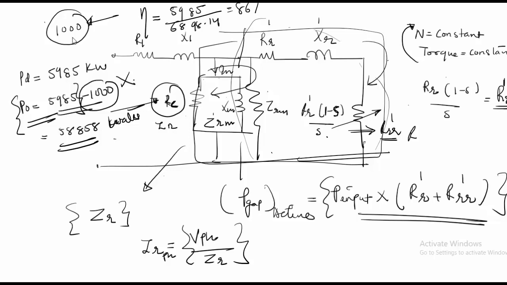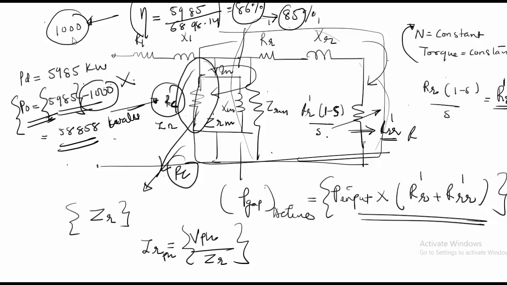So without considering the constant losses, or this part which is my RC, and also the windage and friction losses, which came close to 1000, my efficiency was 85. So even by considering that, there is only an efficiency difference of 1 percent. So sometimes it's possible to totally ignore the fixed losses and only consider the copper losses or the resistance.